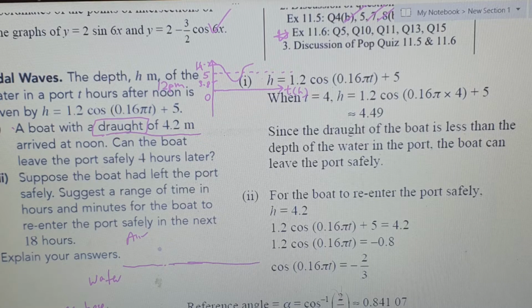Now when I put a ship or a boat into the sea or ocean, the distance between the water level, where the water meets the air surface, and the lowest point of the boat is called the draught. That means this distance here is 4.2.